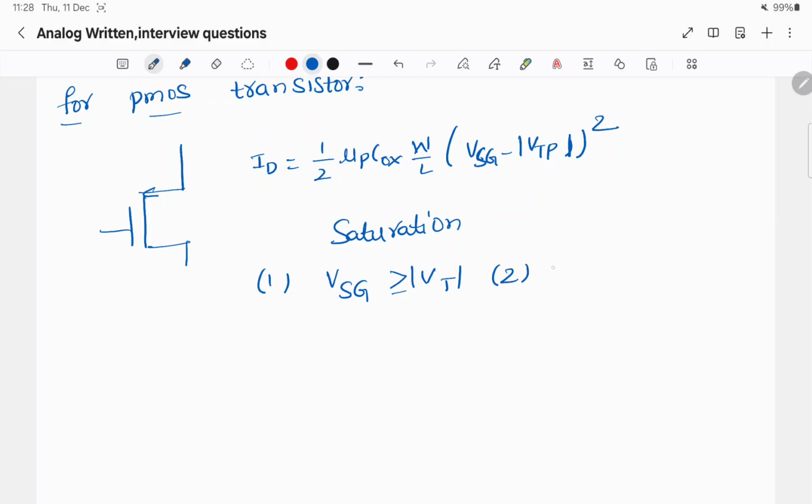Second one is VSD should be greater than or equal to VSG minus mod VTP.